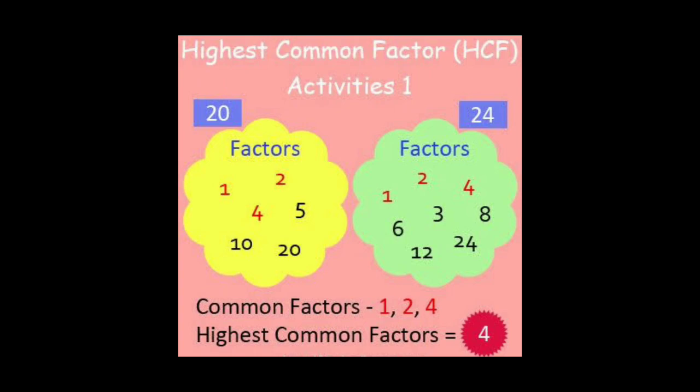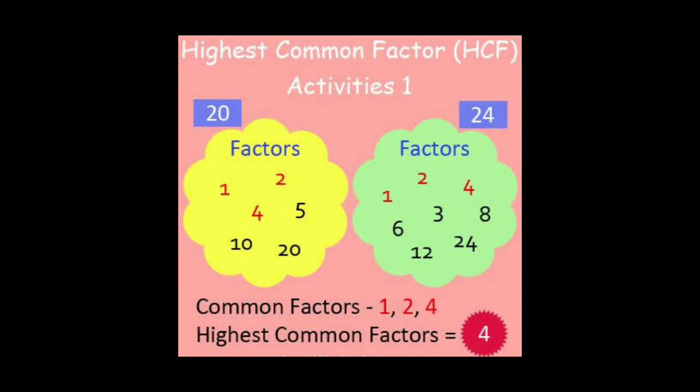Factors of 20: what are the numbers you have written there? 1, 2, 4, 5, 10 and 20. Then 24, its factors: 1, 2, 4, 6, 3, 8, 12, 24.